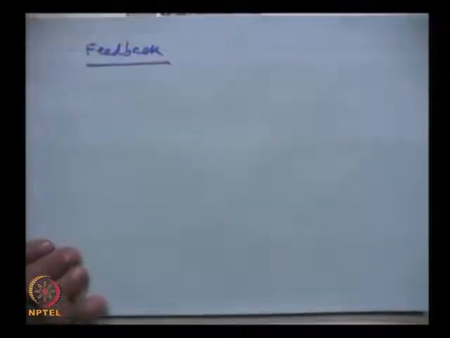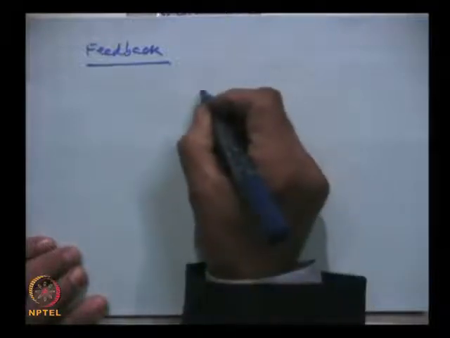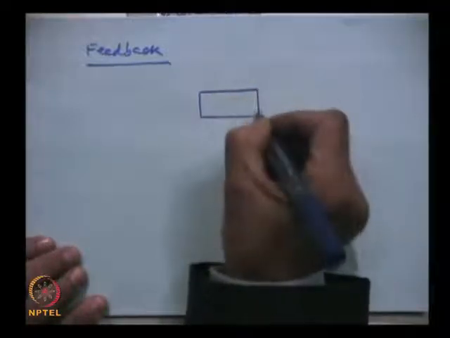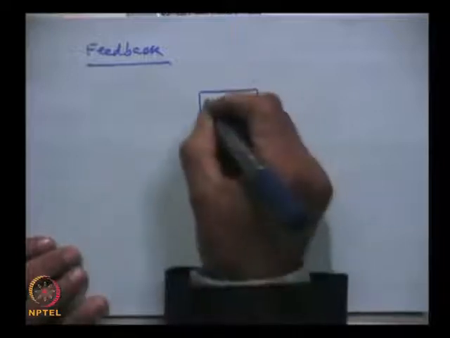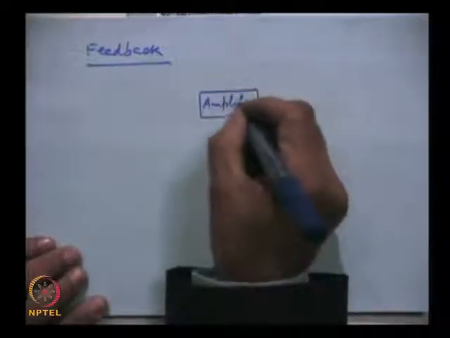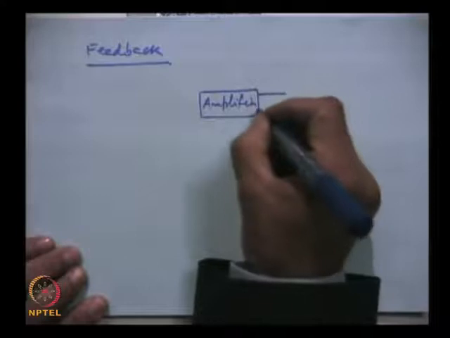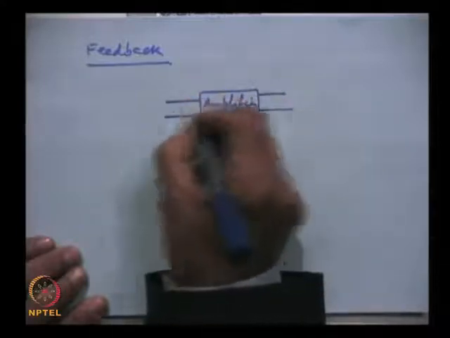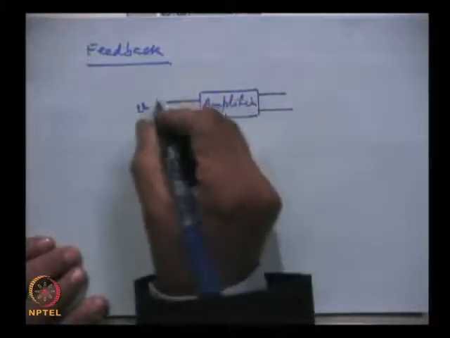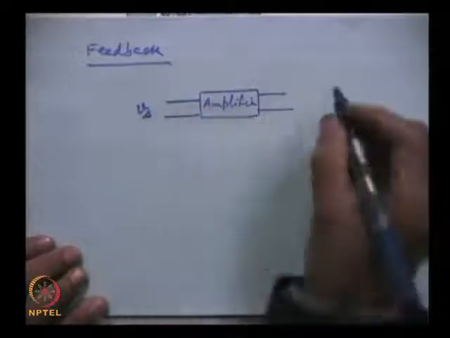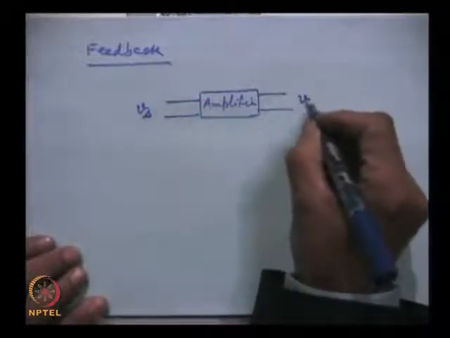In an amplifier, this is the amplifier. These are the two outputs and these are the inputs. The signal is given here and the signal is taken out here.